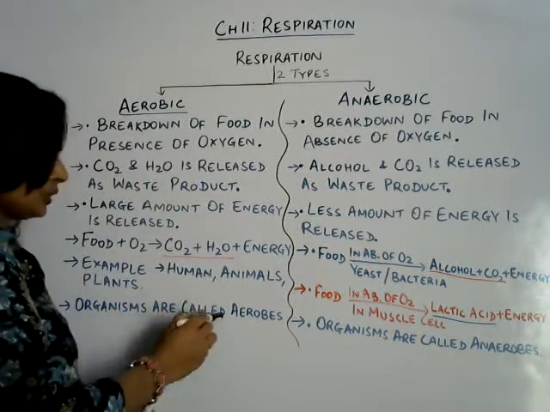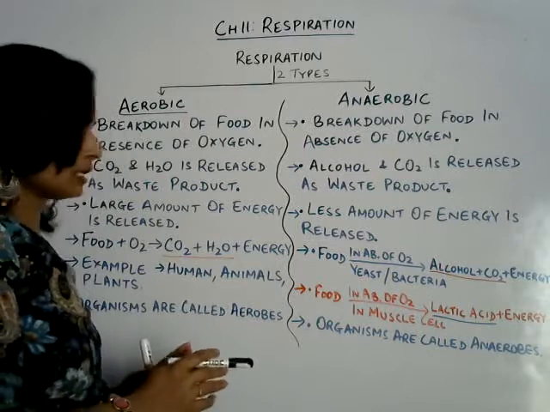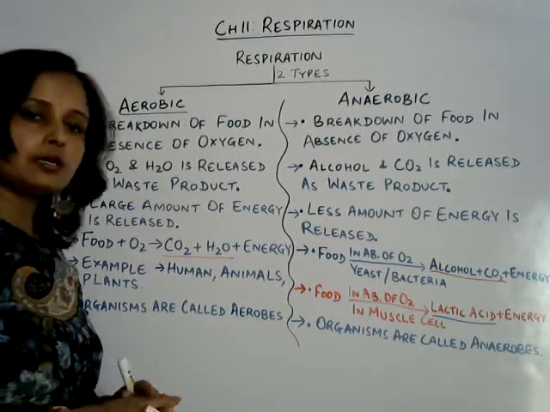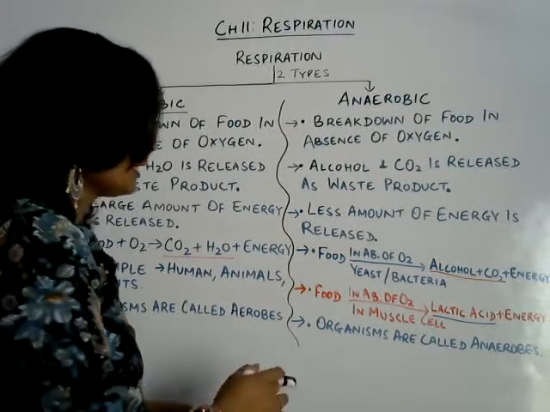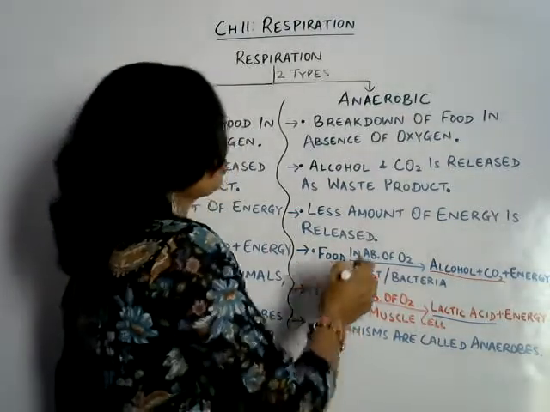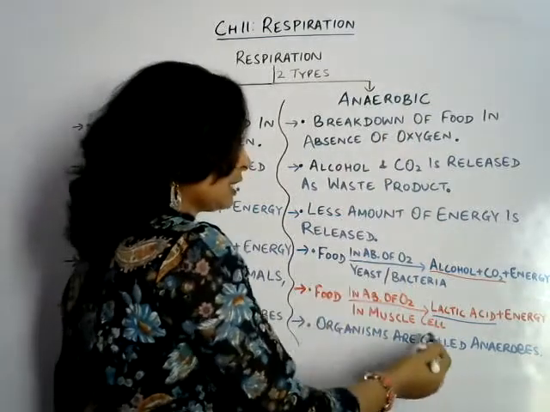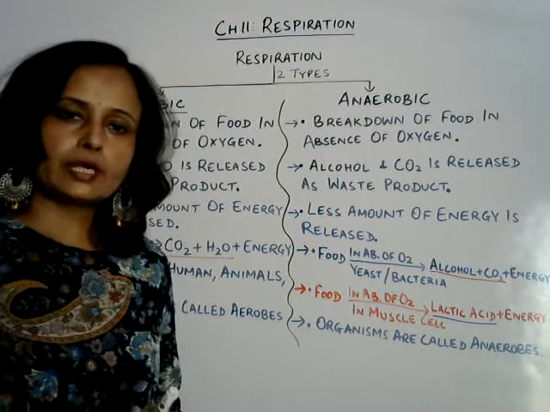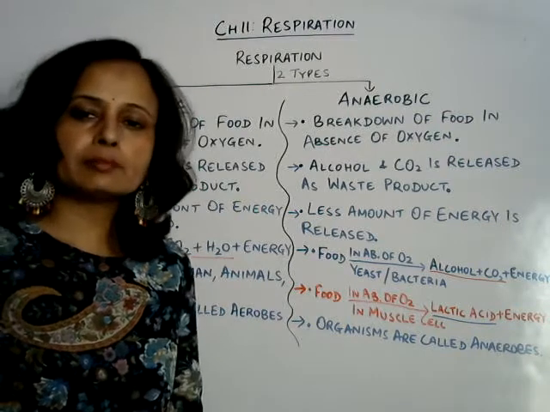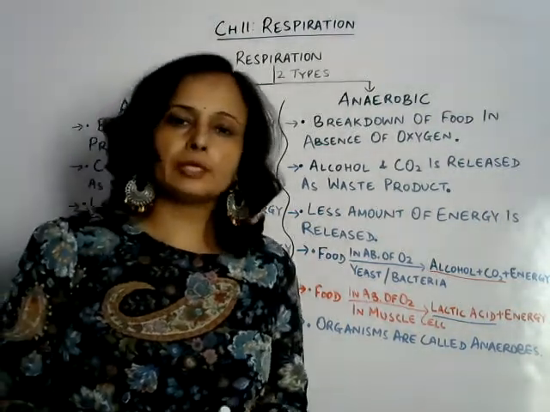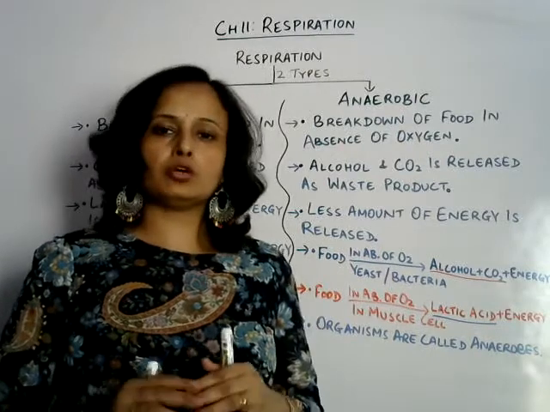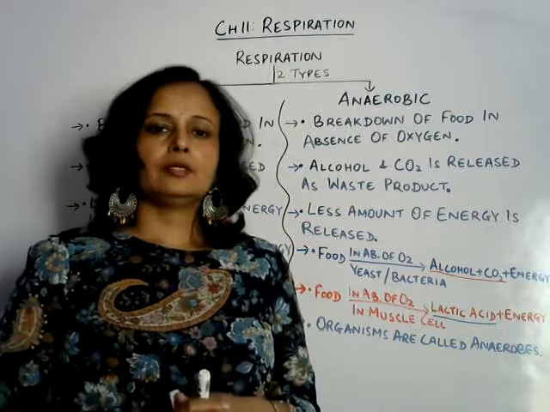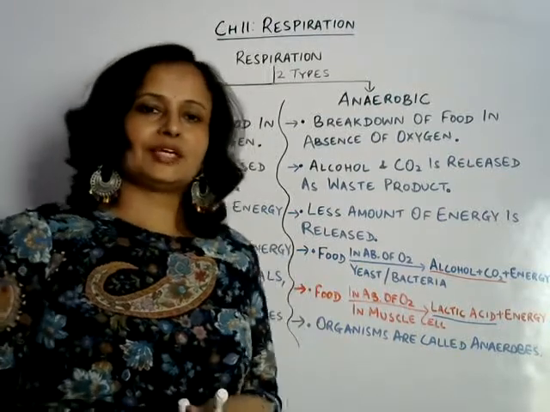These kinds of organisms are called aerobes. And the organisms which show anaerobic respiration are called anaerobes. Which organisms? Those which show the anaerobic mode of respiration. Clear? Understood? Now you look at the screen.